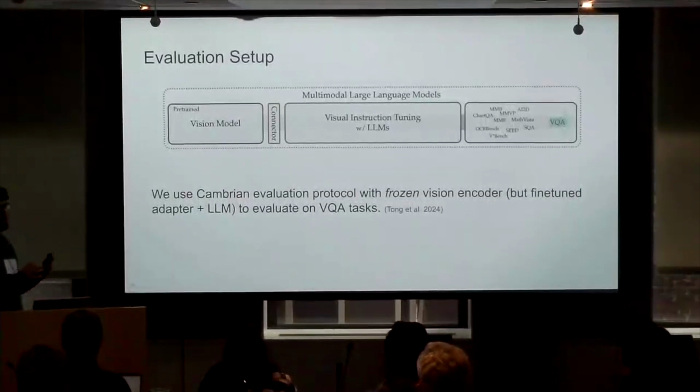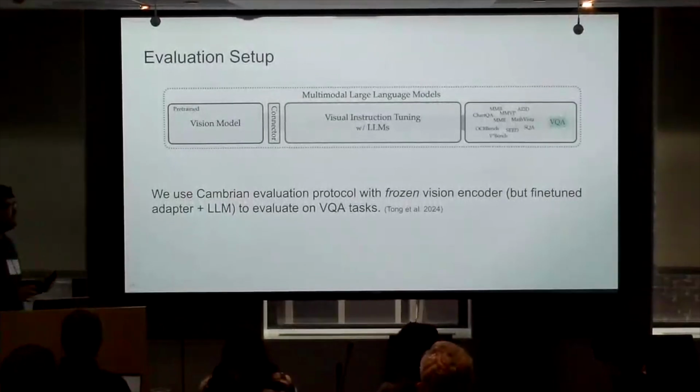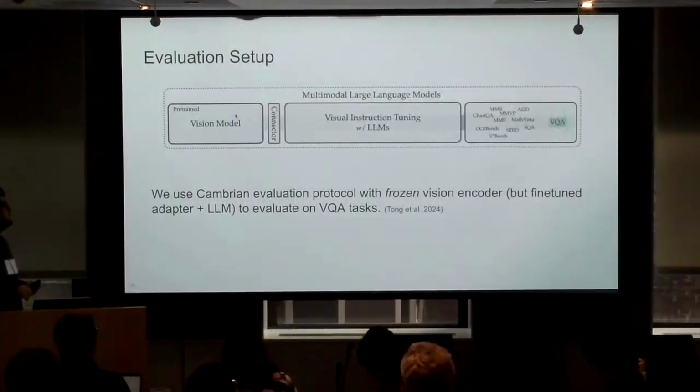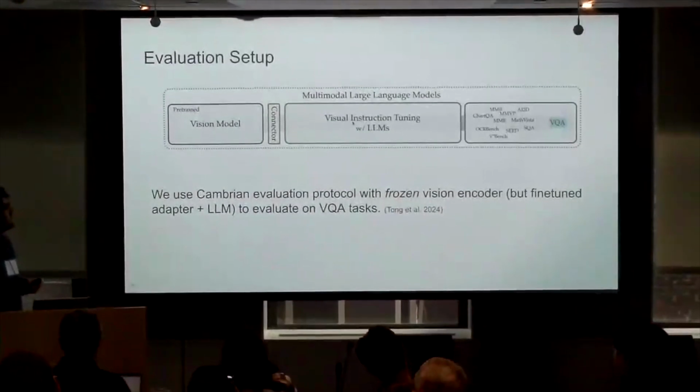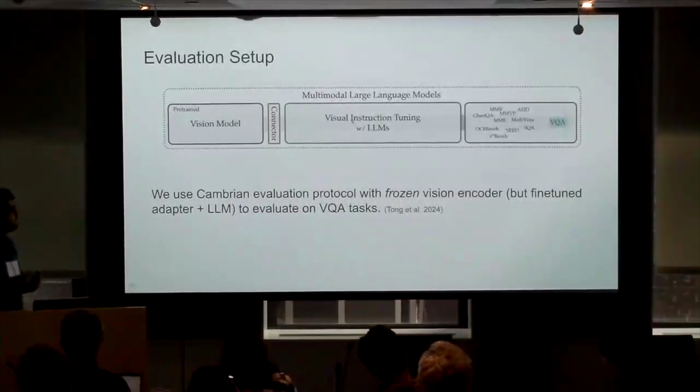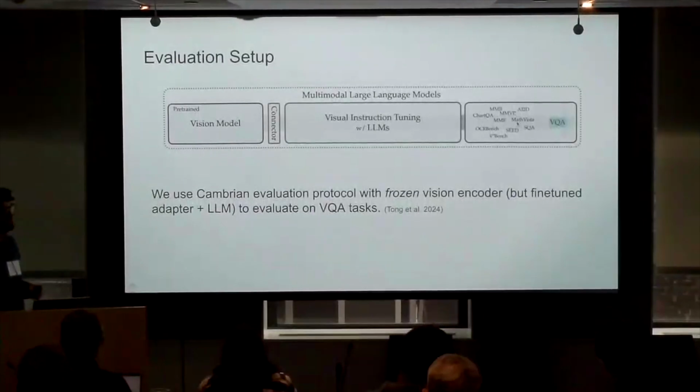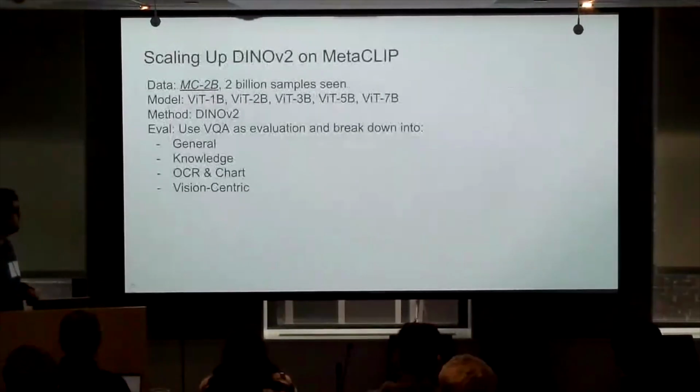First, we're going to pre-train either a CLIP model or an SSL model on MetaCLIP, right? Then we're going to freeze this model, and we're going to adapt it for a multimodal large language task. Here we're going to use the Cambrian protocol. So we're going to have a connector and an LLM, like a Llama 3, and we're going to fine-tune just the connector and the LLM on an alignment dataset. And then we have a set of tasks that we're going to use to evaluate the model. Zero shot, let's say, though we don't know if it's really zero shot with respect to the alignment distribution.